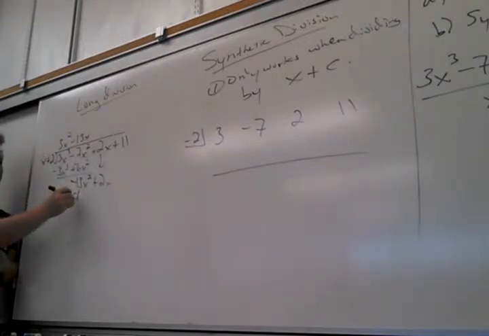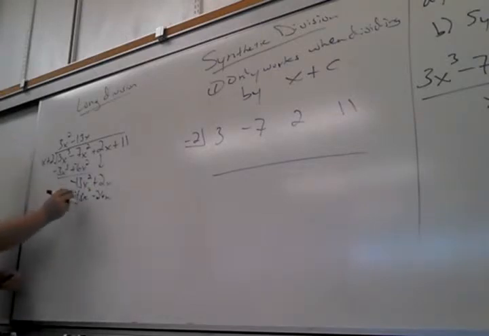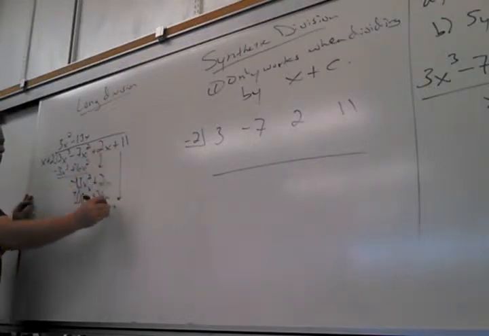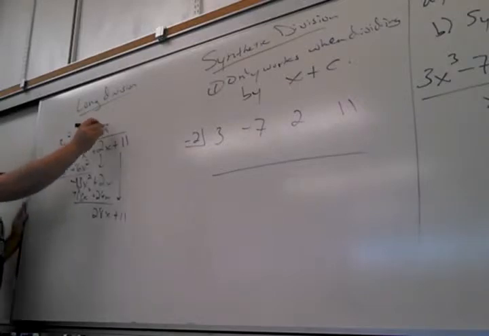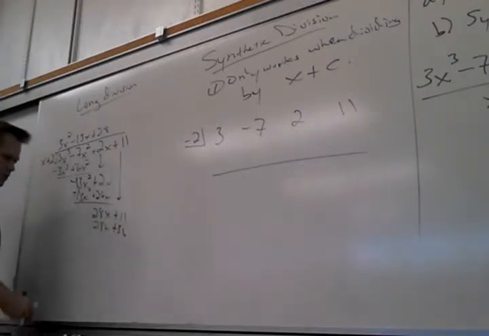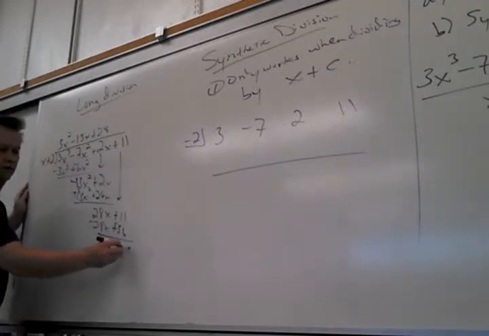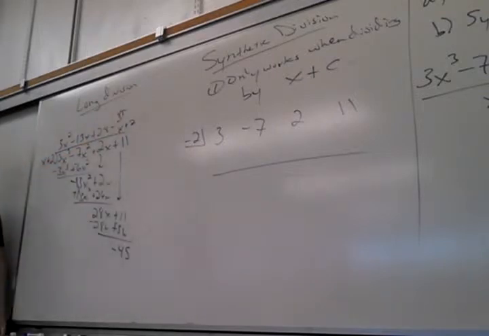So then negative 13x squared. Minus 26x, and then you change the signs. So you get 28x, bring down the 11. So plus 28x times 2 is 56. Change the signs. So you get negative 45, so minus 45 over x plus 2. Cool, I like it.